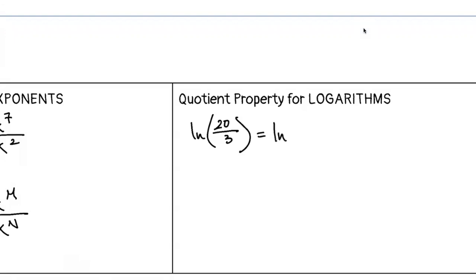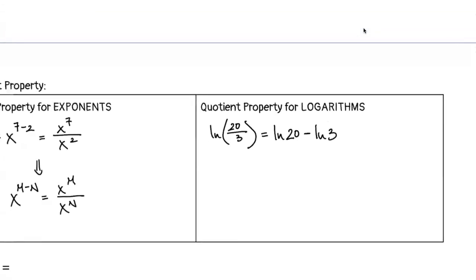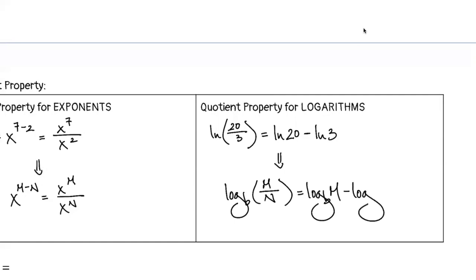Everywhere we see that division, it turns into a subtraction. That is exactly what happens. And so if we want to generalize this, we could say log base b of m over n equals log base b of m minus log base b of n.